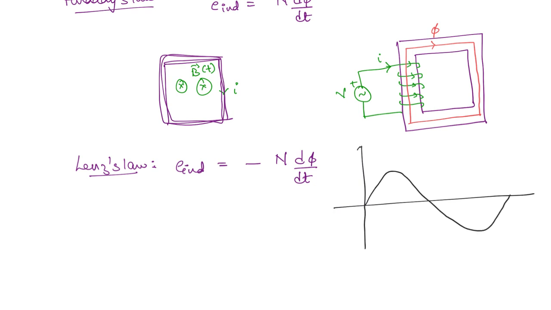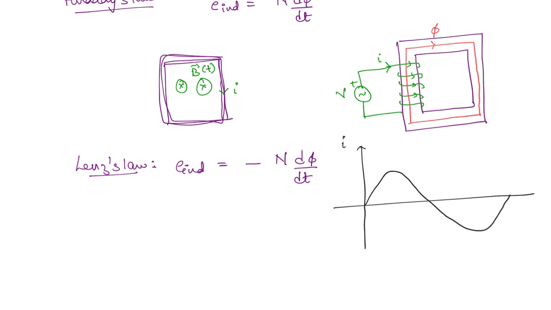So this is current I. In the first quarter of the cycle, the current is increasing and it is positive. When the current is increasing, the flux produced because of it is also increasing, so phi is increasing with respect to time.